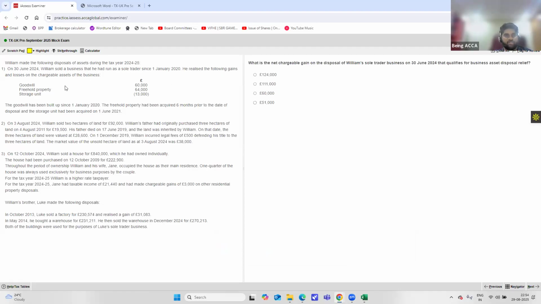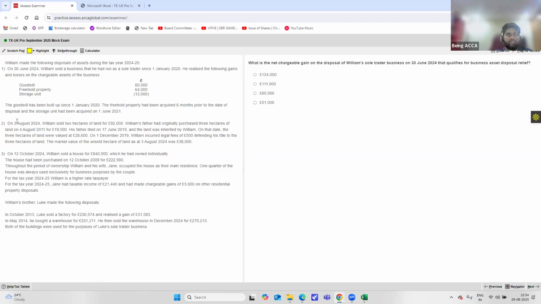Goodwill was £60,000. Freehold property was £64,000. Storage unit had a loss of £13,000. The goodwill has been built up since 1st January 2020. The freehold property had been acquired 6 months prior to the date of disposal, and the storage unit had been acquired on 1st June 2021. All right.